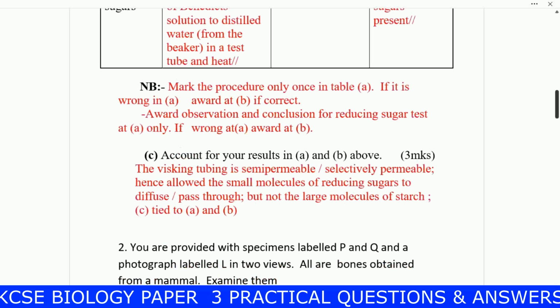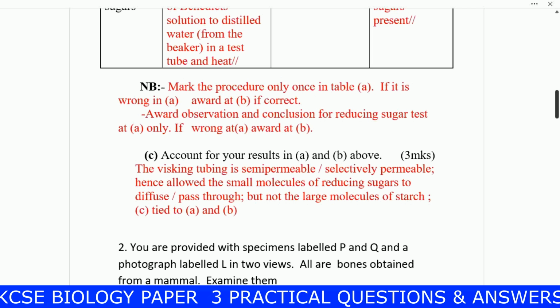You are told to note the procedure. The examiner is told to mark the procedure only once in a table. If it is wrong, award at B if correct. So you can see the technicalities used during marking.